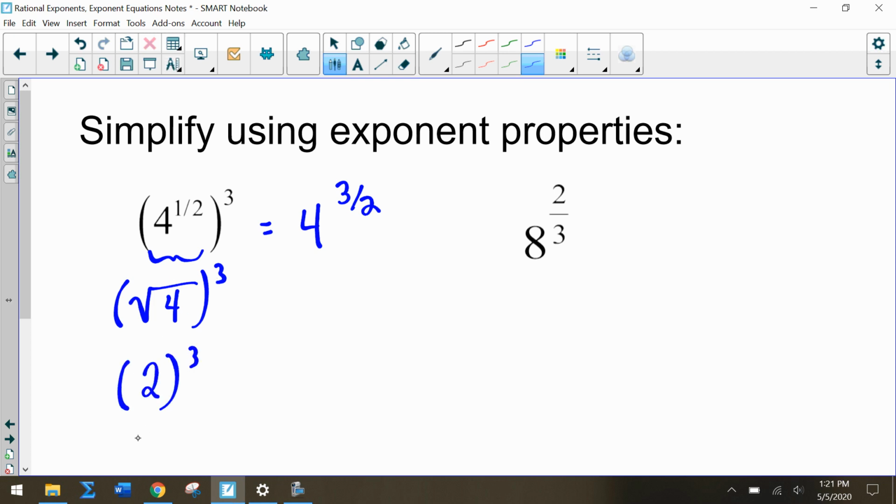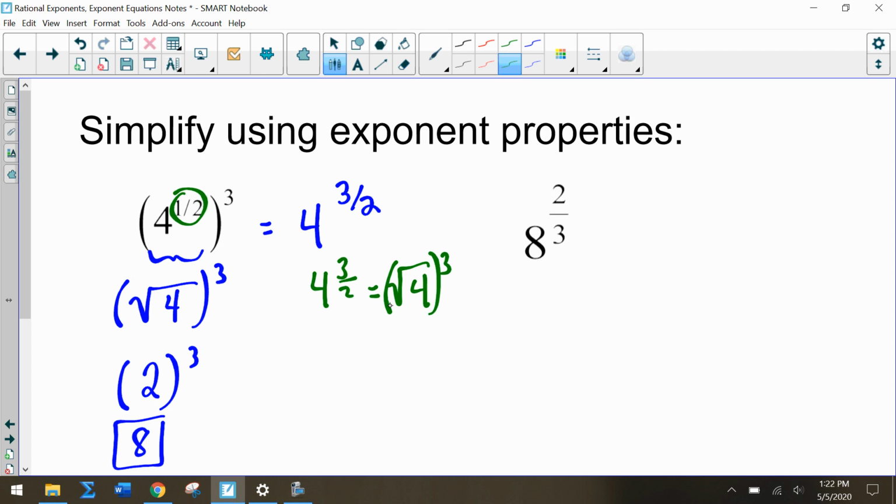And then still raising that to the 3rd power, so we have 8. Okay, so when we take the square root, and then we raise it to another exponent, we end up with 4 to the 3/2. So 4 to the 3/2 is equivalent to the square root of 4 to the 3rd.